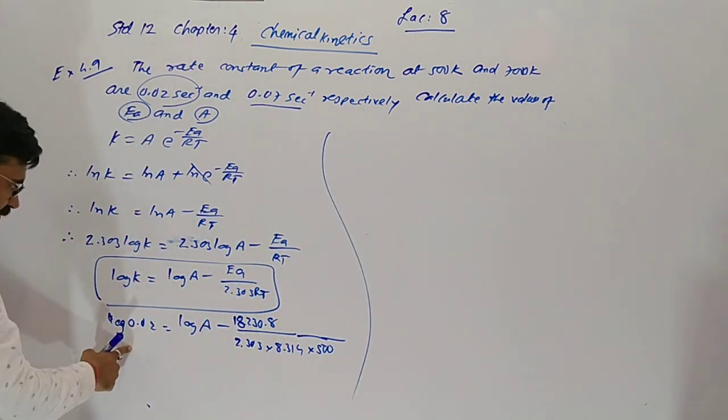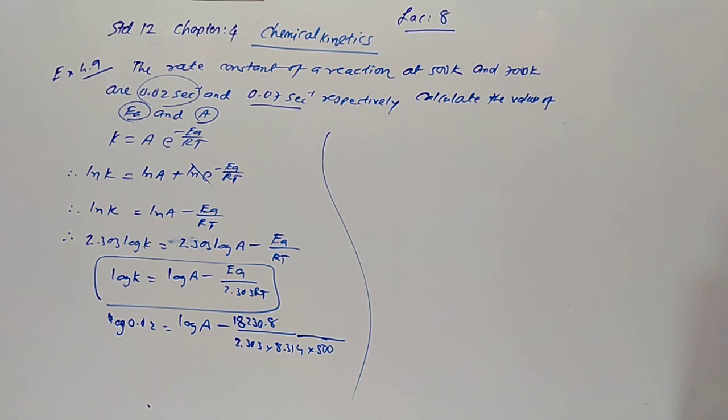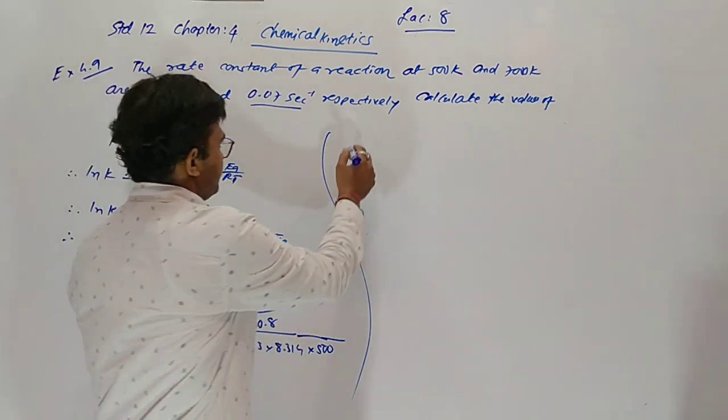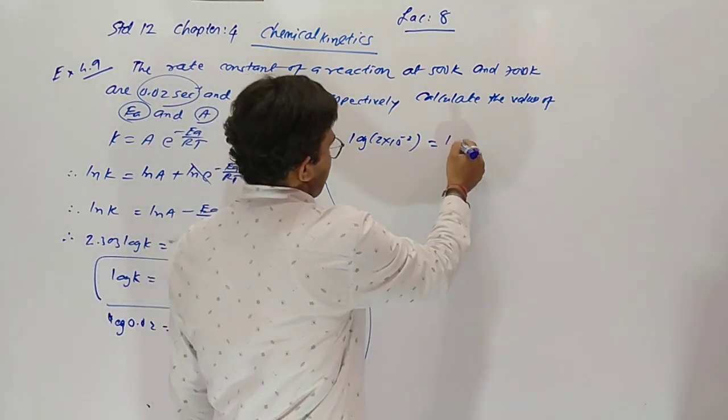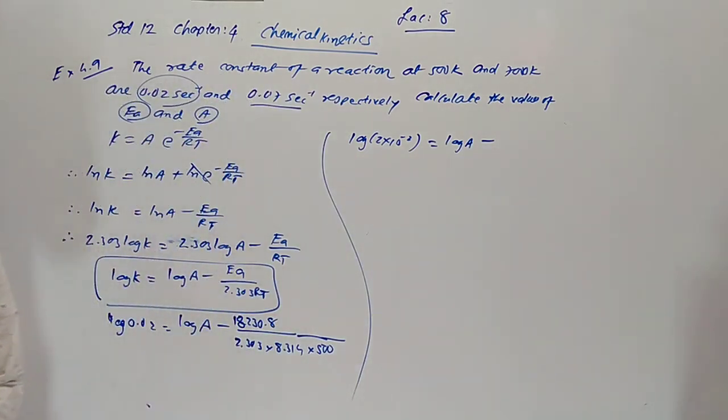Yes. Here the value of log 0.02 should be log 2 into 10 raised to minus 2. So log A is 18230.8 divided by 2.303, once again divide by 8.314, then again divide by 500, so 1.904 comes up.